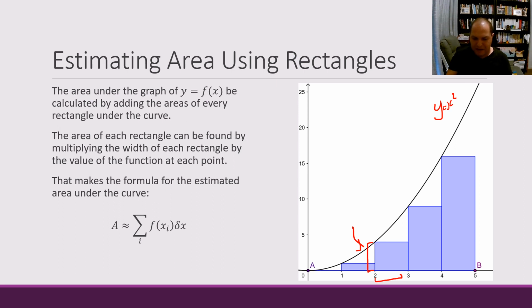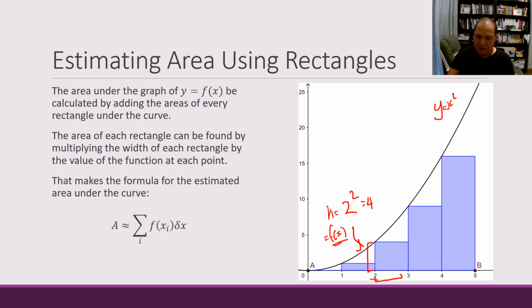So if we want to find the height of this rectangle, we just need to substitute a value of 2 into our function. The x value is 2, so the height is going to be 2 squared. The height is equal to whatever the value is of our function.